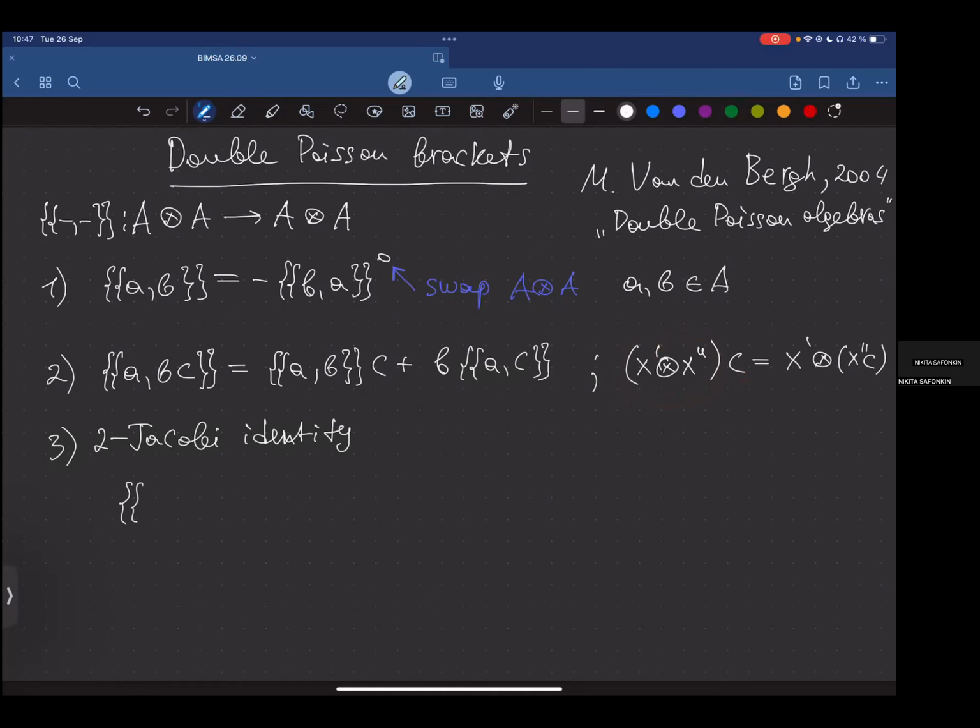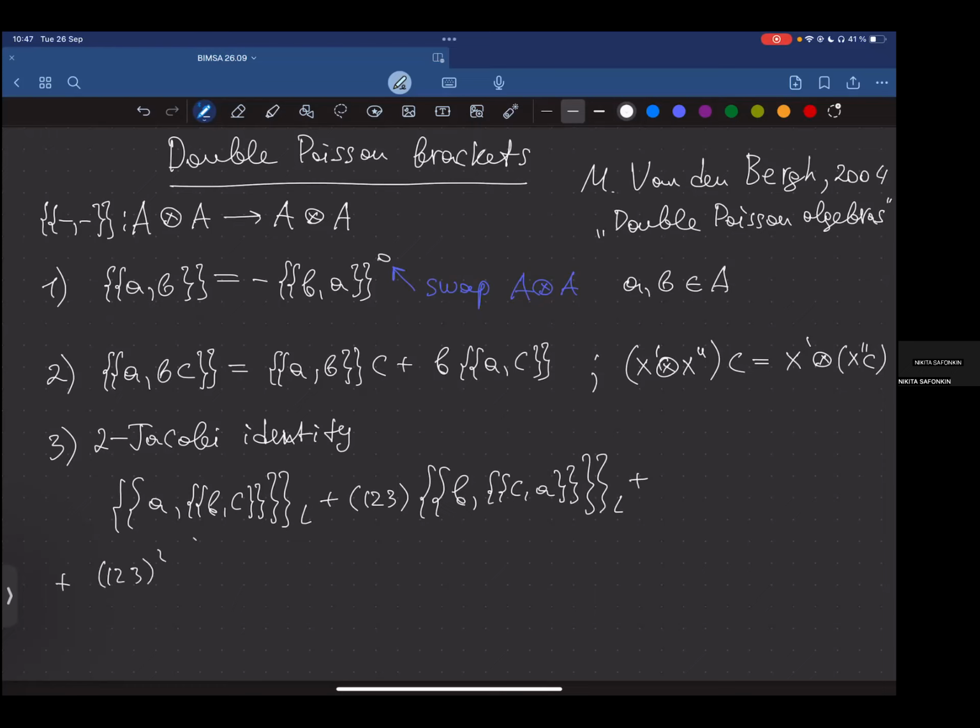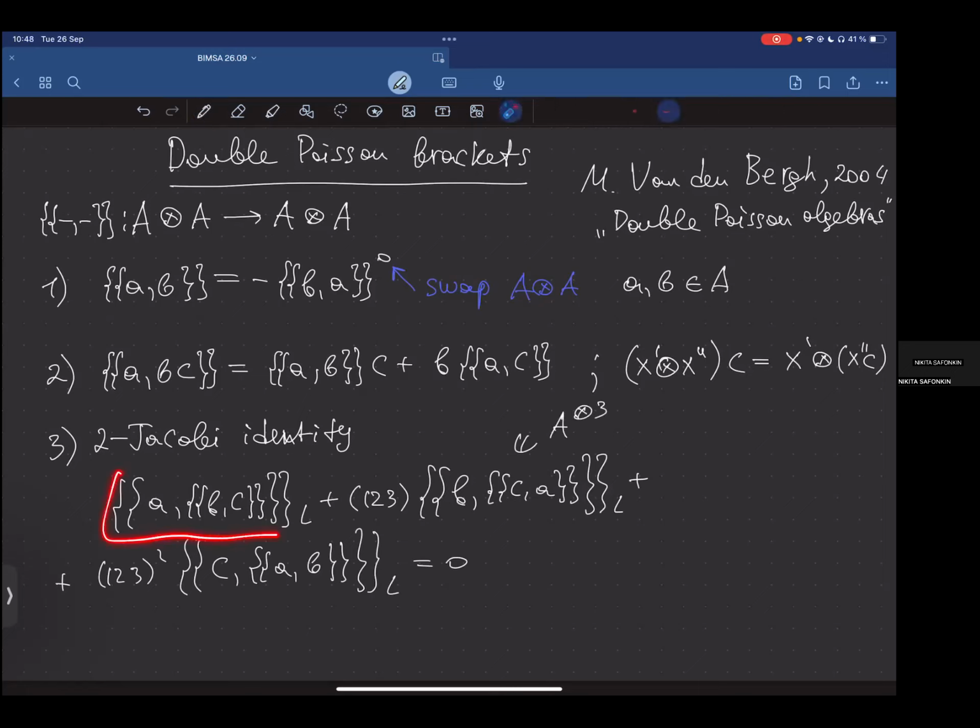And the double Jacobi identity is as follows. So here on the left-hand side of this double Jacobi identity, we have an element of A cubed, because this internal bracket is an element of the tensor square, and then this notation L means that we put this bracket to the left factor of this tensor square, and so we get an element of the tensor cube.